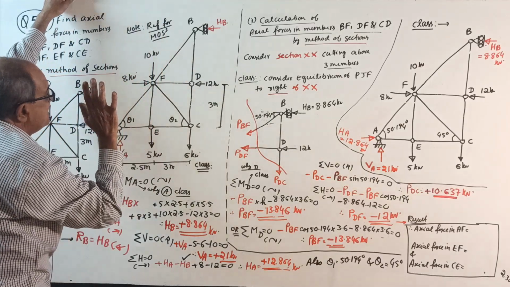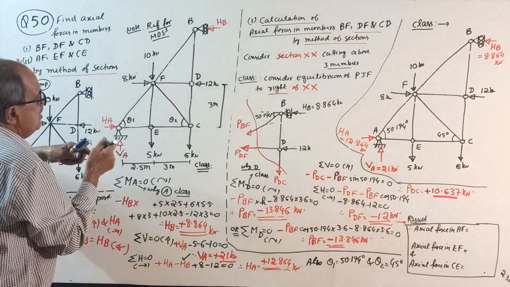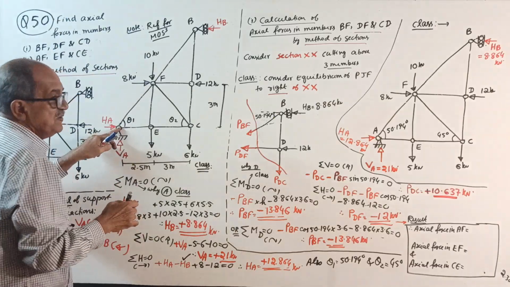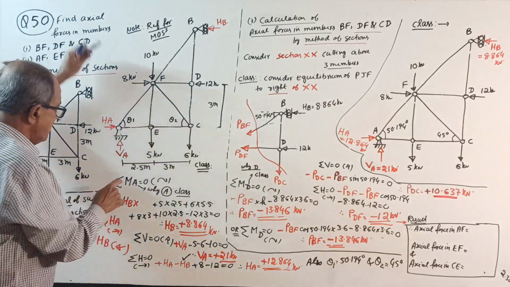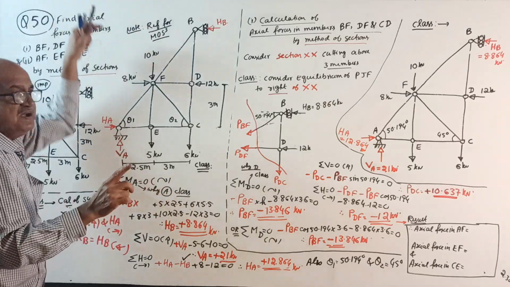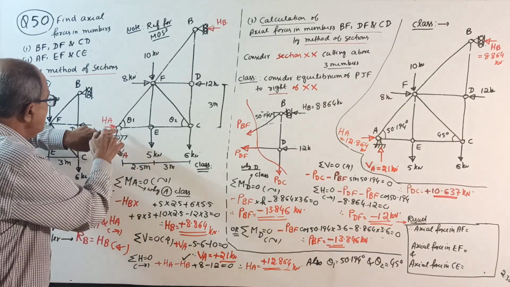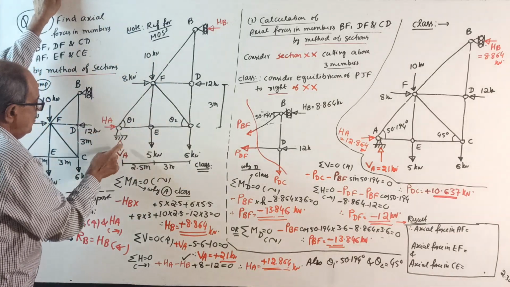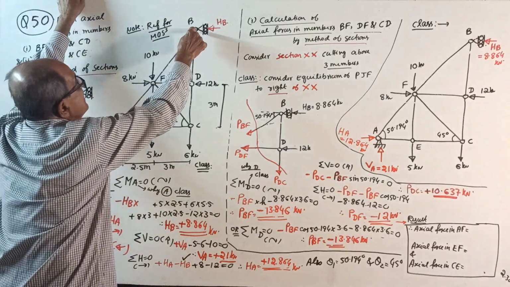Now see here correctly. Make a note. We will take moment about A. Sigma M about A equal to 0, clockwise positive. Why A? When you take moment about A, A has 2 unknowns, VA and HA, and B has 1 unknown.